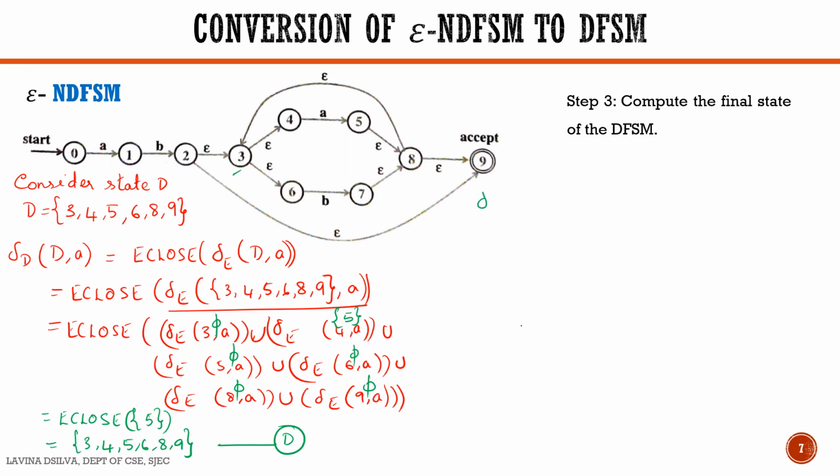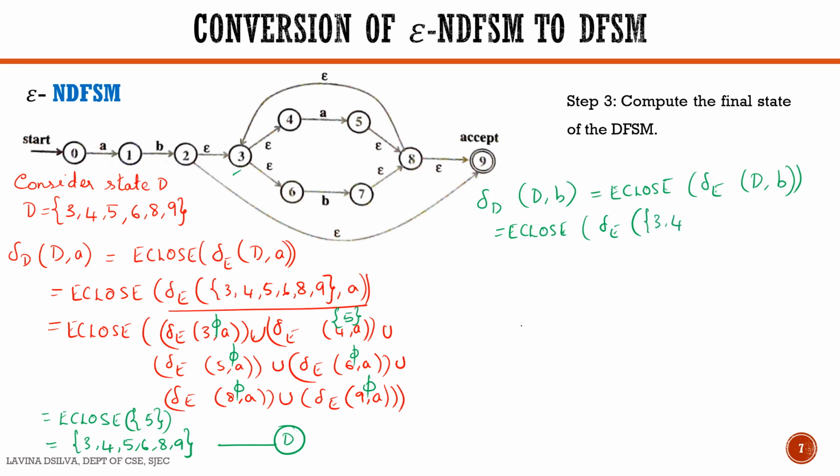Next is delta D transition of capital D and small letter b. Small letter b is the input. That will be E close of delta E of D comma B. Rewriting, we get E close of delta E. What is D?